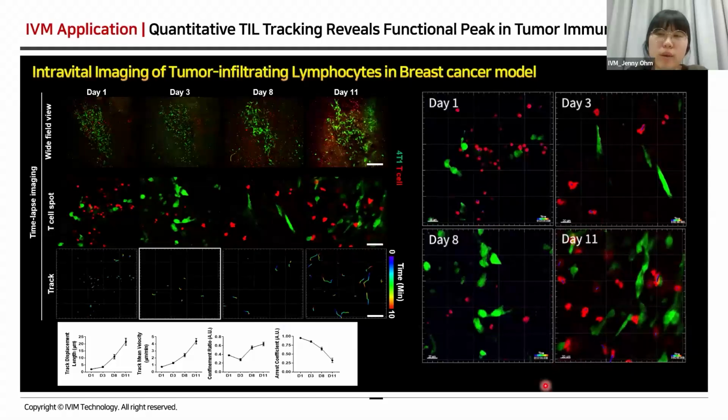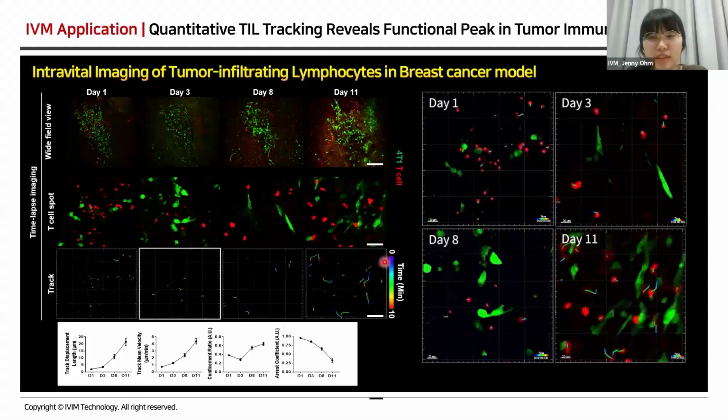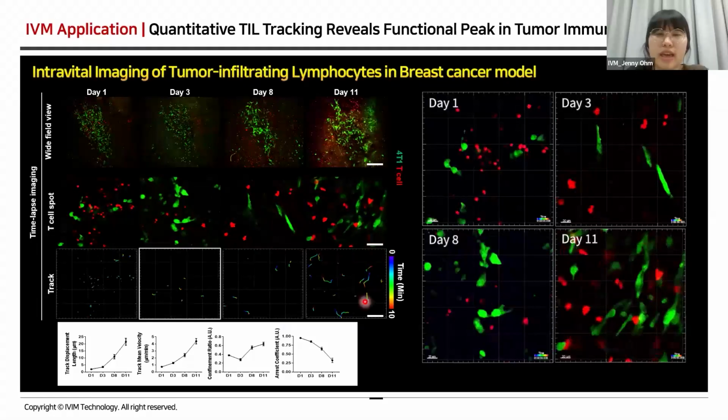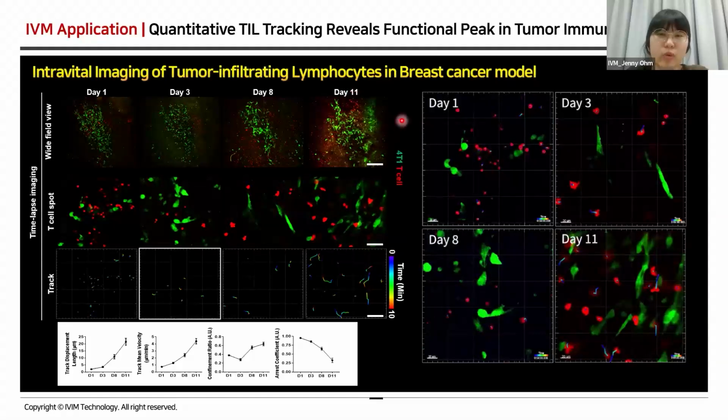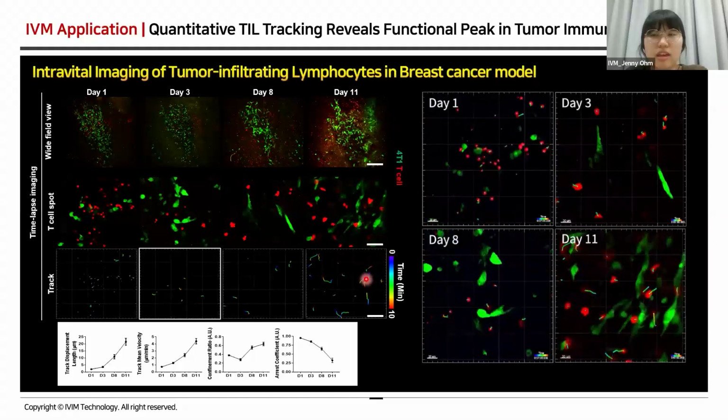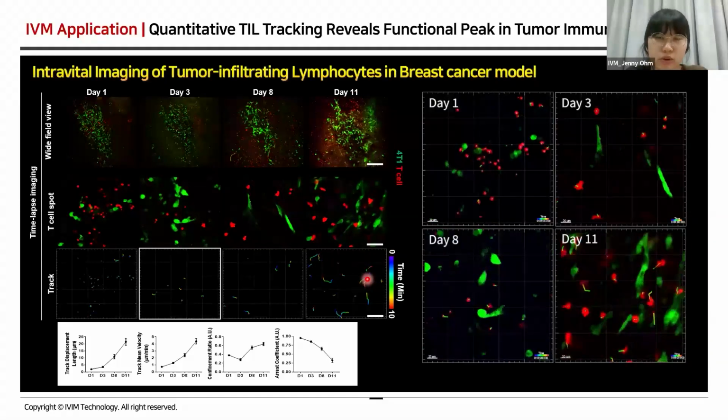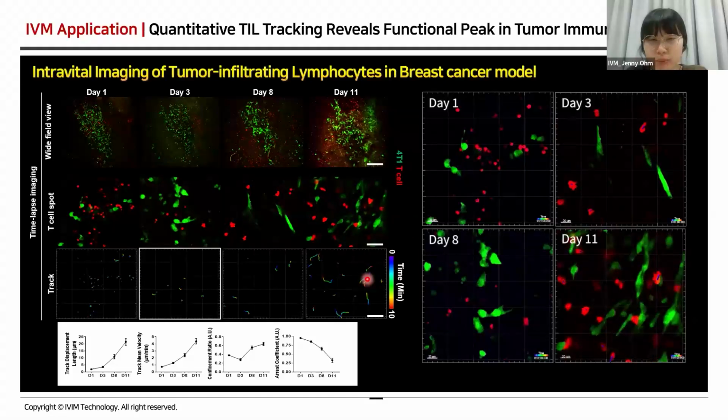As a result, we were able to clearly observe the proliferation patterns and activation status of TILs over time. Notably, by day 11, TIL activation and proliferation were at their peak, indicating the most robust immune response within the tumor microenvironment at that time point.